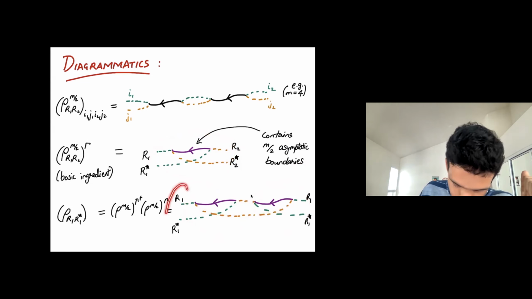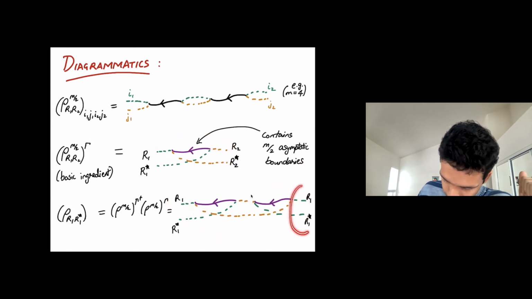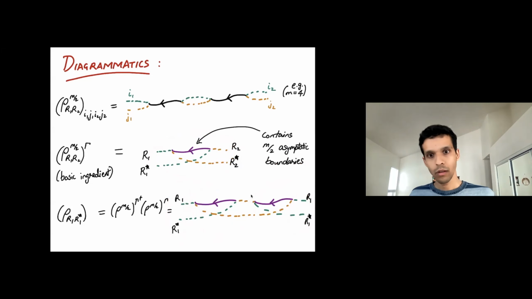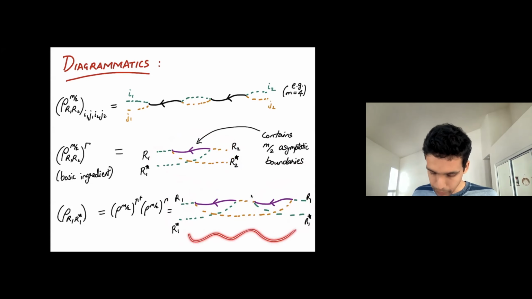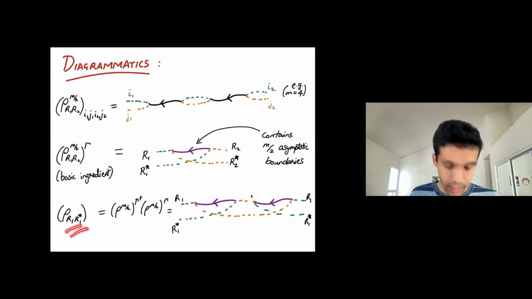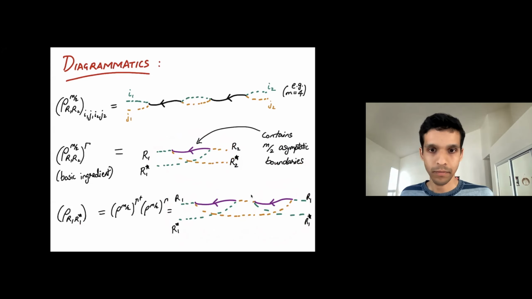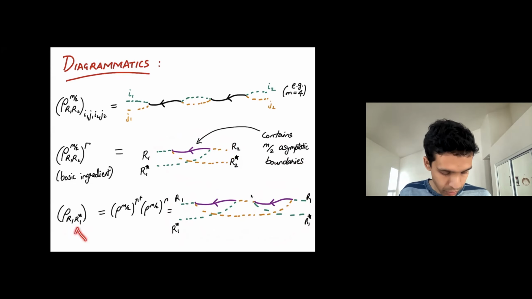This leads to a density matrix on R1, R1 star. This is the ket and this is the bra. So this diagrammatic picture prepares the density matrix on R1, R1 star. In the end, our goal is to compute the entropy of this, or more generally, the spectrum of rho R1, R1 star. And so we'll use the resolvent trick now using this diagrammatic picture.